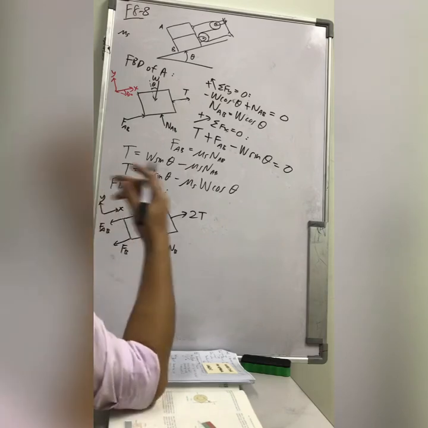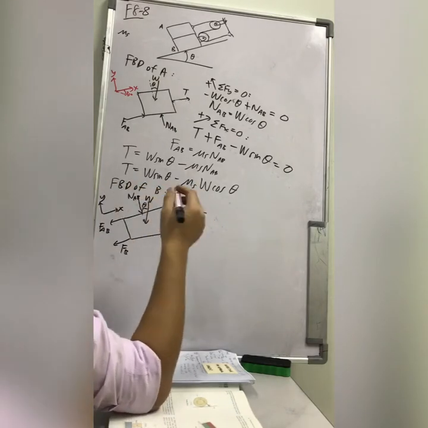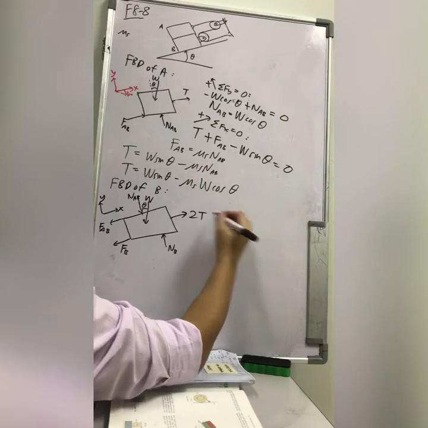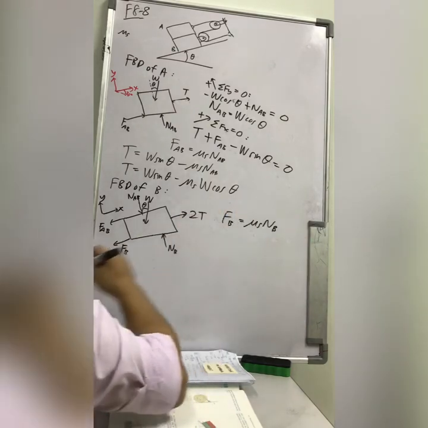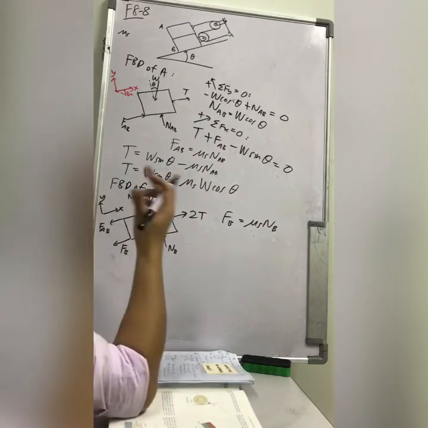Okay. So again, this is the problem on the verge of slipping. So you say that your F_B here equals mu_S N_B. Because you have written this one in this block to move, right?